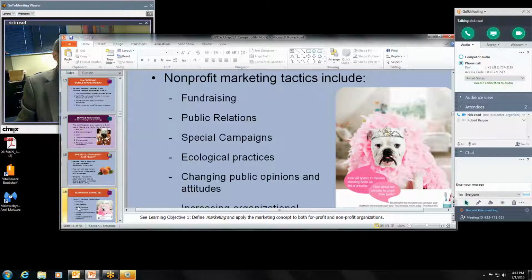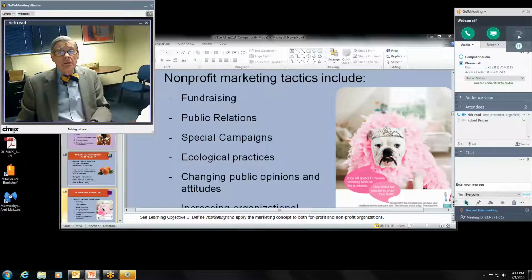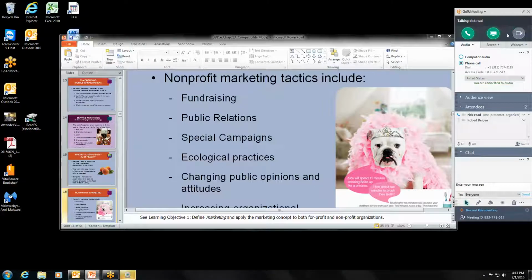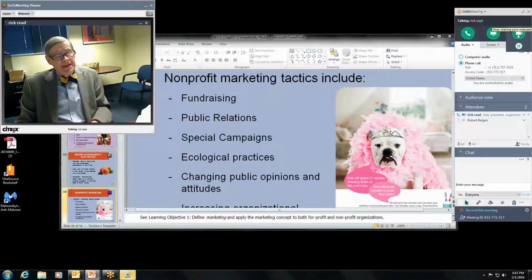This particular slide talks about nonprofits and how they use marketing. Nonprofits obviously must market. They rely on their donors to stay in business, and to help them do the things that they want to do. And these are just some of the tactics that they use.